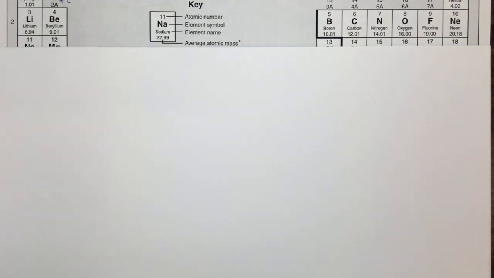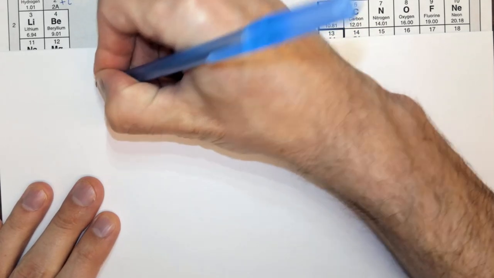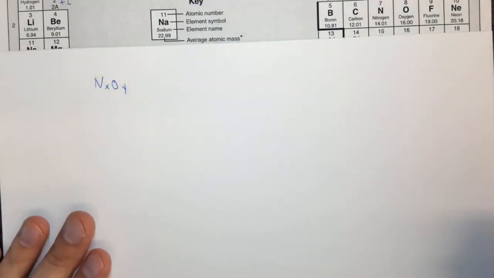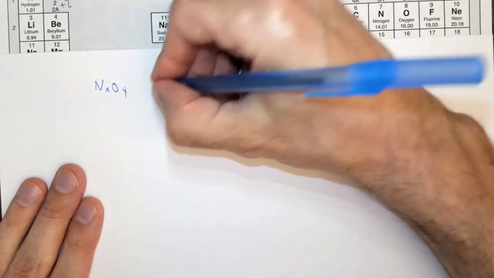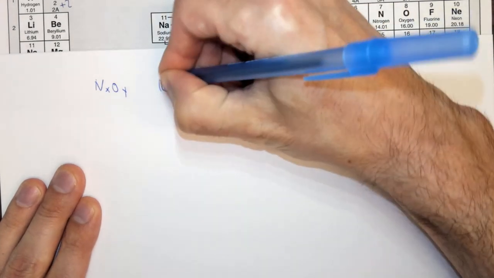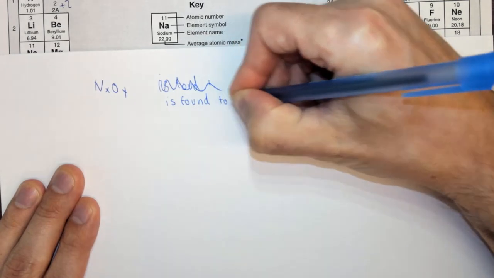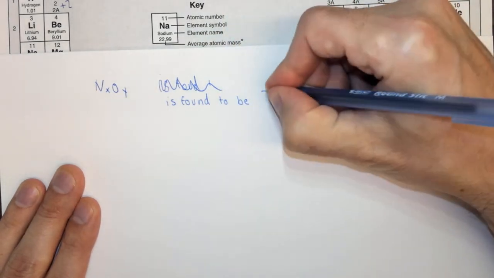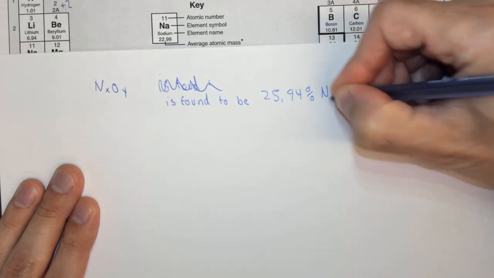And I do want to show you one other thing about this. So let's say that we have some compound that is NxOy, and it is found to be 25.94% N by mass.